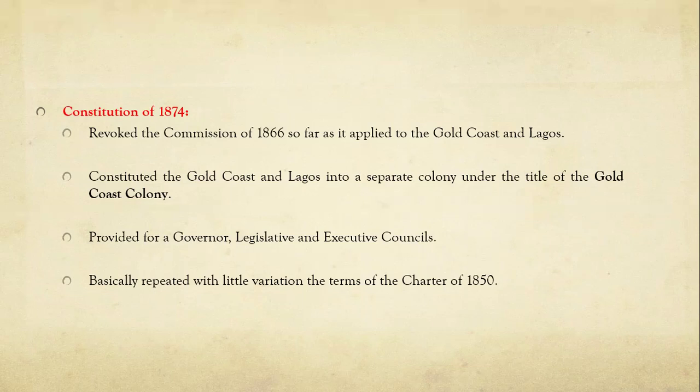And that constituted the Gold Coast into separate colony under the title of the Gold Coast Colony, and provided for governor, legislative, executive council, and essentially repeated what pertained under the terms of the Charter of 1850 with slight variation or modifications.